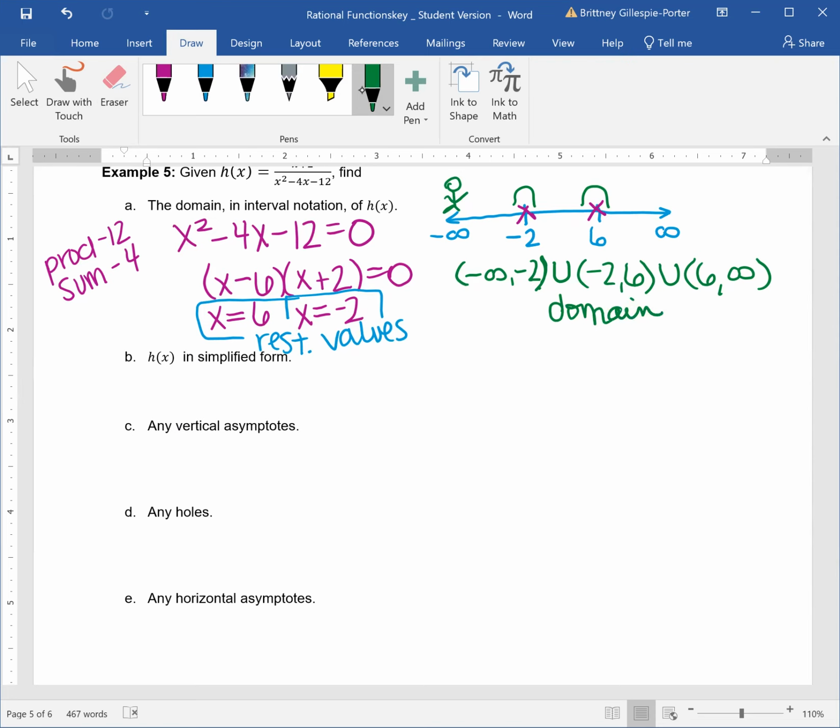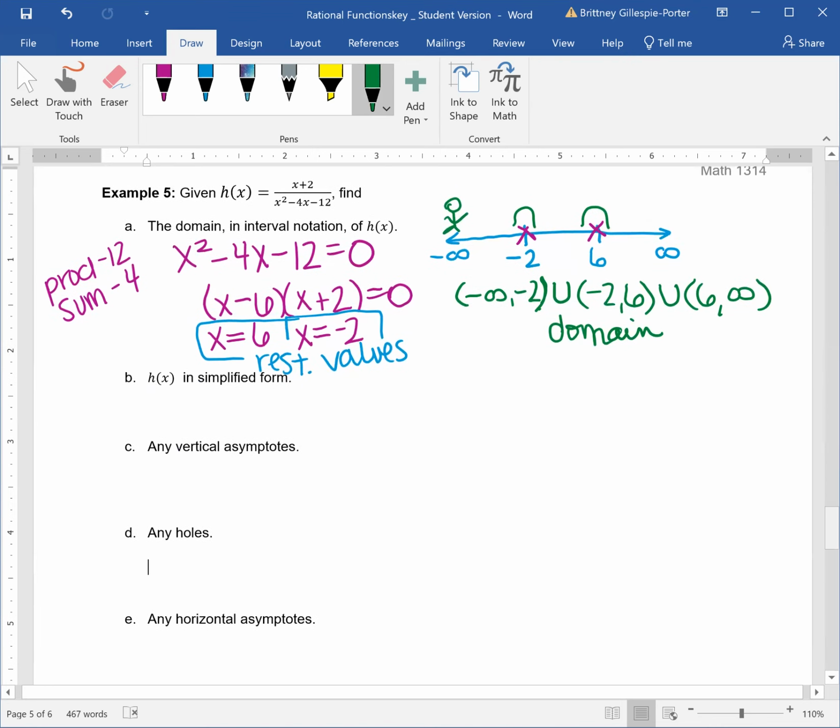Now we can find h of x in simplified form. And this is why I said, go ahead and find your factored form of your denominator. Because when we rewrite h of x, we have x plus 2 up top. And in the bottom, we said that factored into x minus 6 times x plus 2.